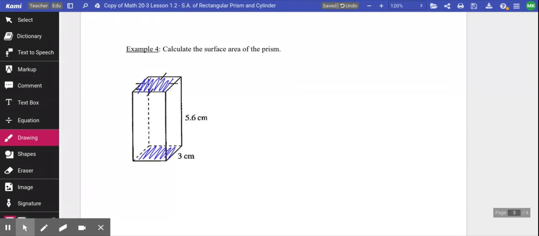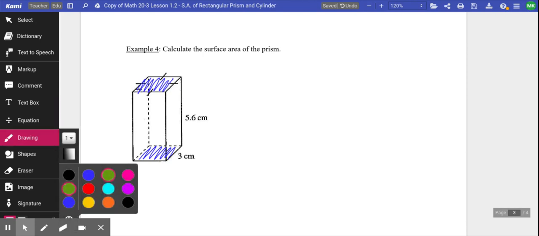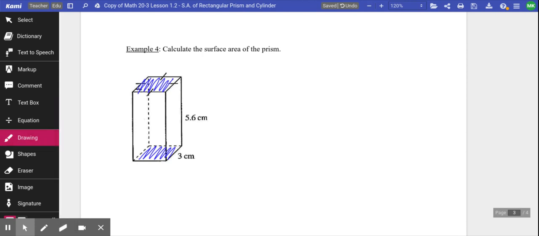Because the top and the bottom are squares, that means all the sides are actually the same. So this front side is going to be the exact same as this right side, which I can't draw right now, which would be the same as the back, which would be the same as the left. So if you're doing the multiplication trick, you're going to times by 4, and you get all 4 sides right away, instead of having times by 2.